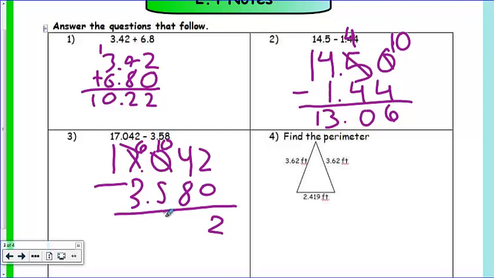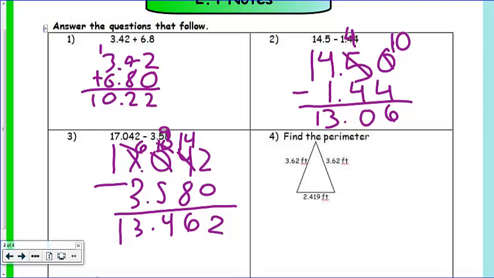Make sure you carry as well so you can subtract all the numbers. There you go. Thank you very much.